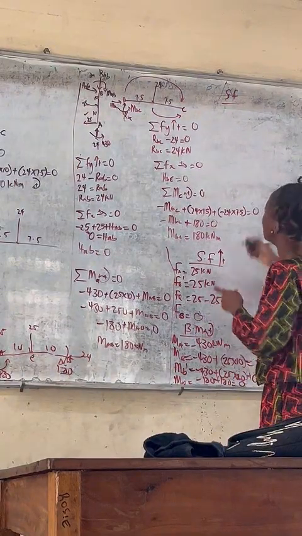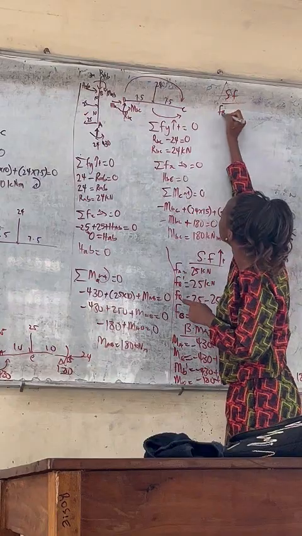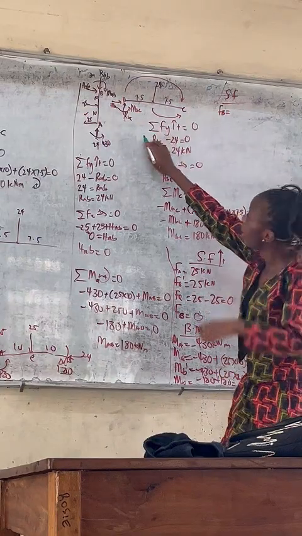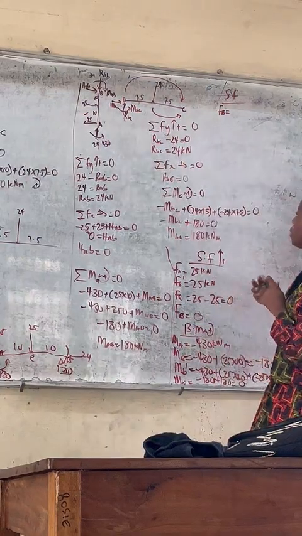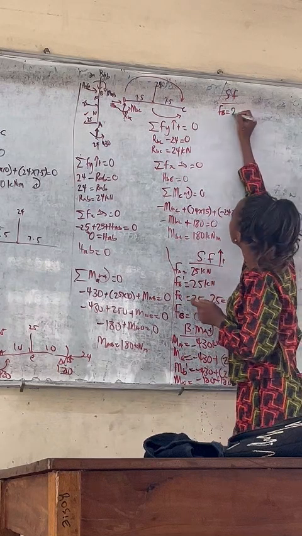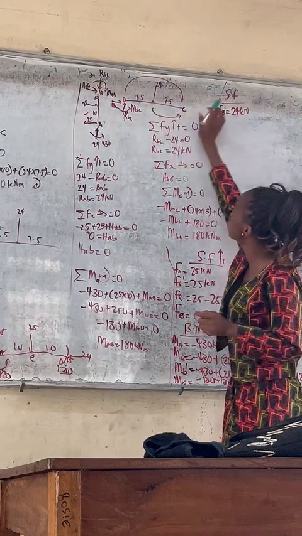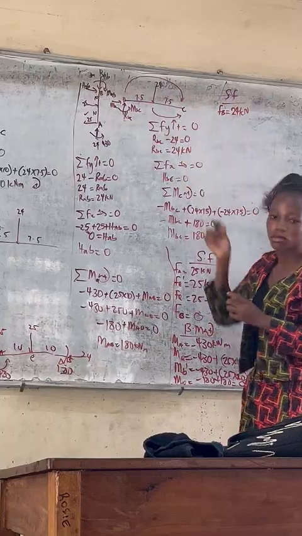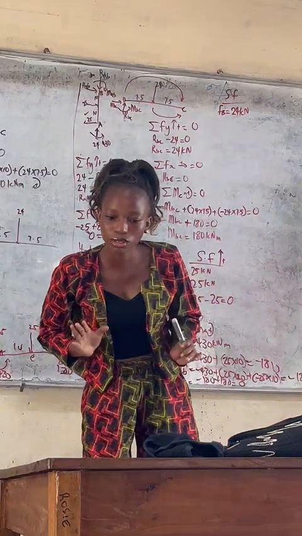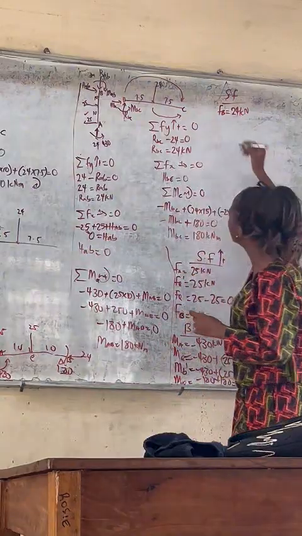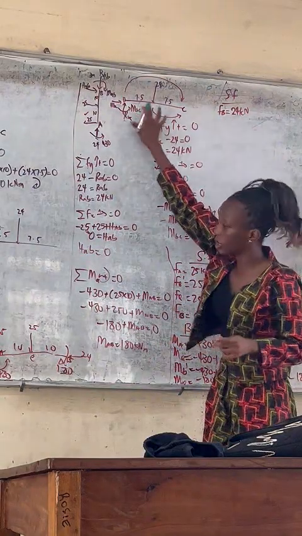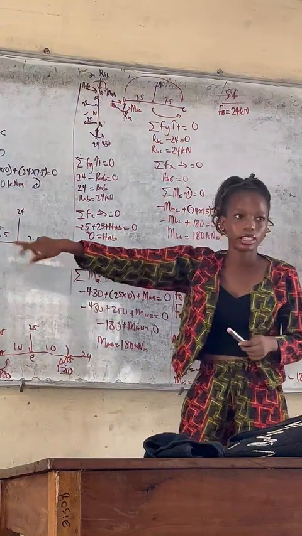So the first thing, FB. At B, we have the reaction at B. RBC is what? 24 kilonewtons. Then, now this is what? There's a UDL acting there.